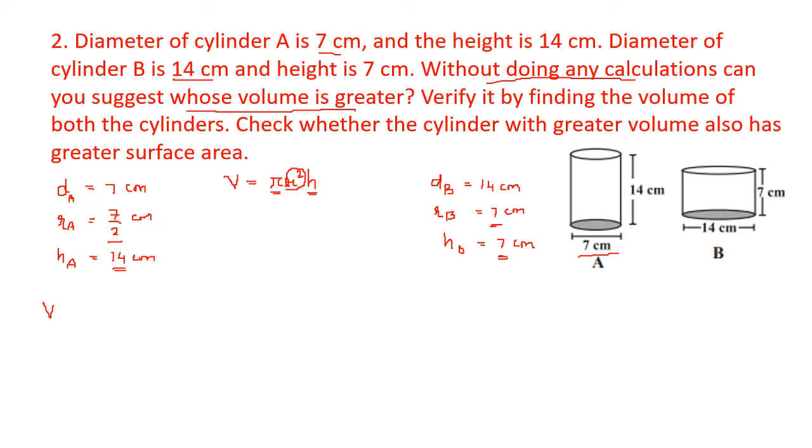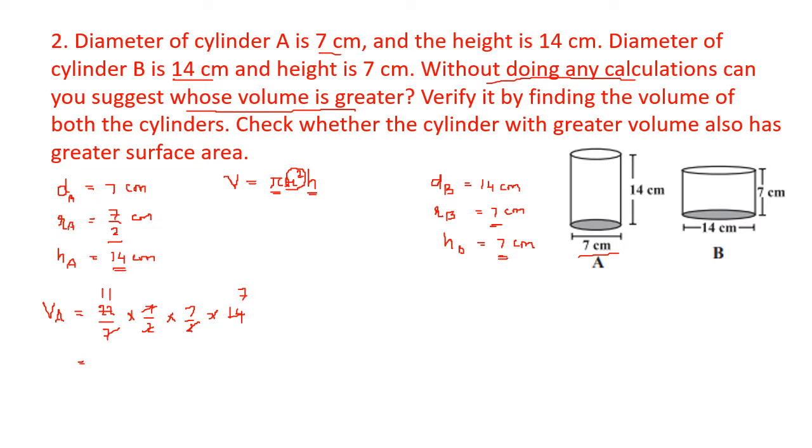So volume of cylinder A will be pi, that is 22 by 7 into RA square, that is 7 by 2 into 7 by 2 into the height which is 14. So we have 7 and 7 cut, 2 ones are 2, 2 sevens are 14, 2 elevens are 22.